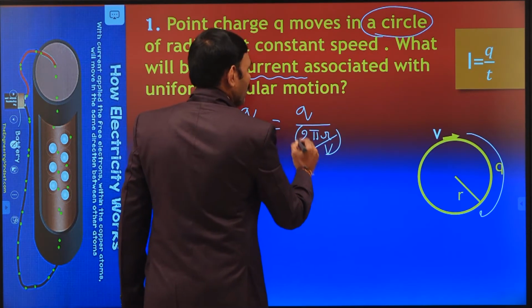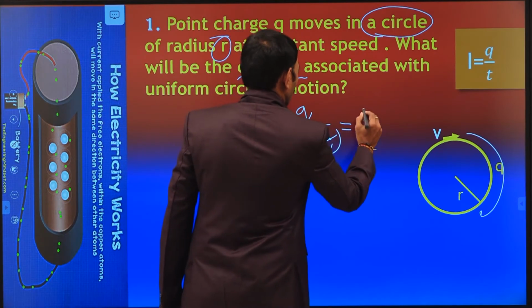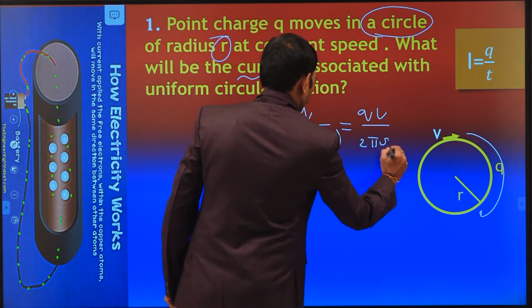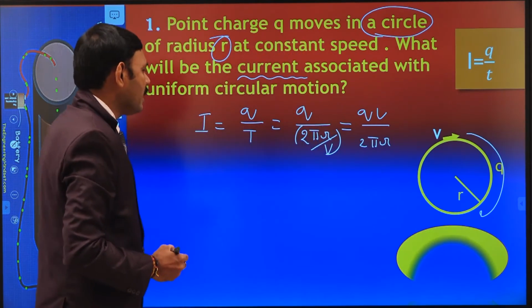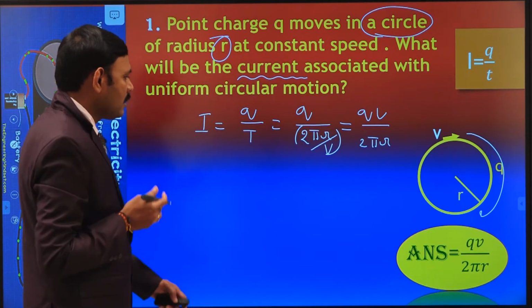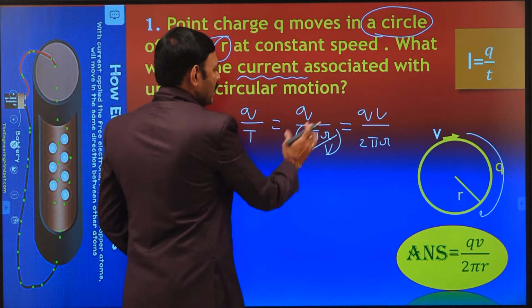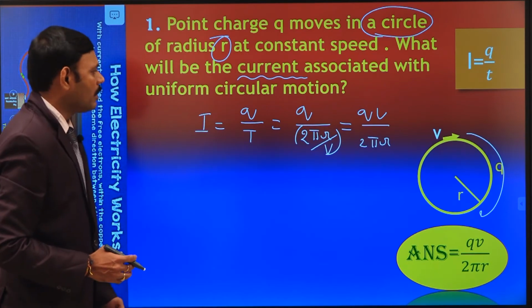So 2 pi r by v. So we find this is equal to qv divided by 2 pi r. So this is the current for the given situation. Hence this is the answer, students, qv by 2 pi r. So the rate of flow of charge q by t, where t is replaced by 2 pi r divided by v.